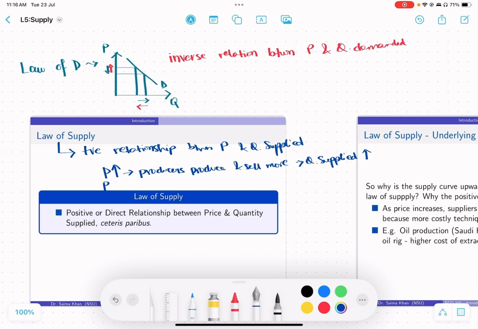And this also means that when the price goes down, producers produce and sell less, so the quantity supplied goes down. Of course, both of this is true when you're holding other factors constant, so the non-price factors are held constant. Remember, this is what we mean by ceteris paribus.